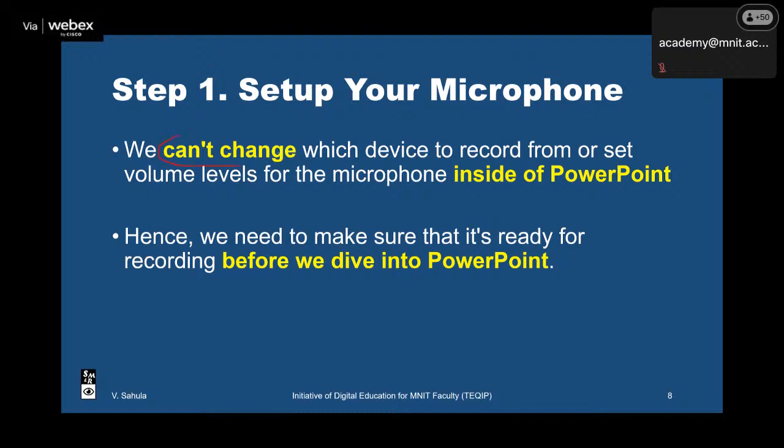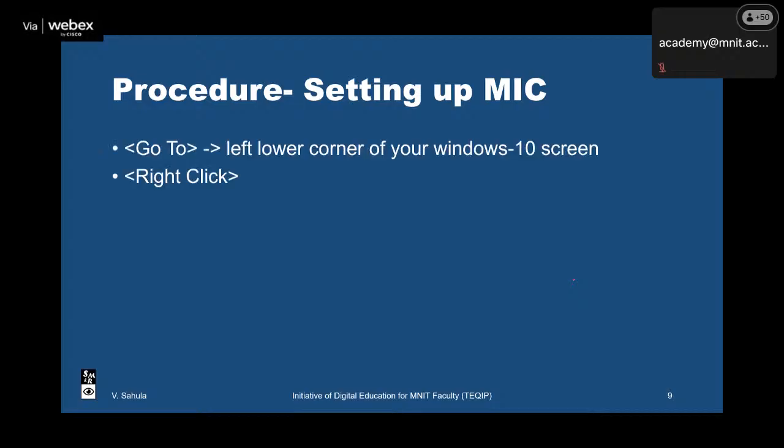Remember, you cannot change which device is the microphone once you are in PowerPoint. So before invoking PowerPoint, you should change your mic settings. Mic settings should be done before you go to PowerPoint. It's a must, right?